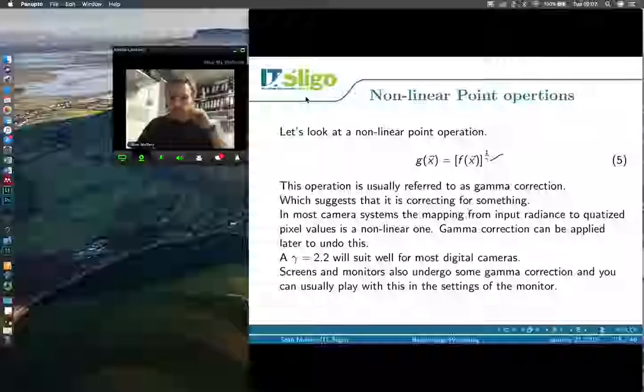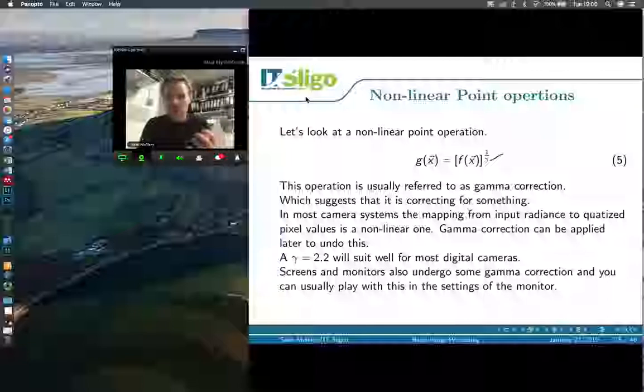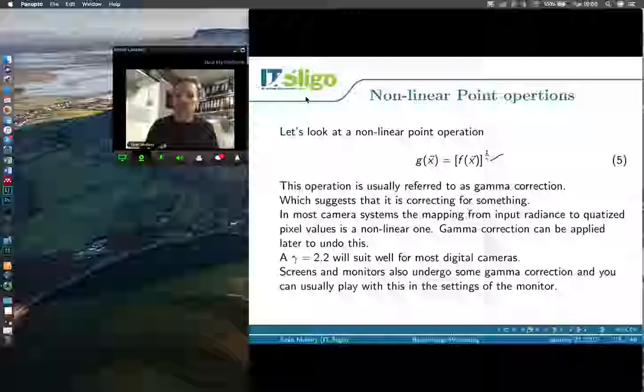In most camera systems, the mapping from the input brightness value that comes in to the actual pixel values is a non-linear one. It just doesn't operate perfectly. So the gamma correction can be applied later to undo this. A typical value of gamma would be 2.2, which is well suited to most digital cameras, and you'll also find screens and monitors also have to undergo some sort of gamma correction as well.